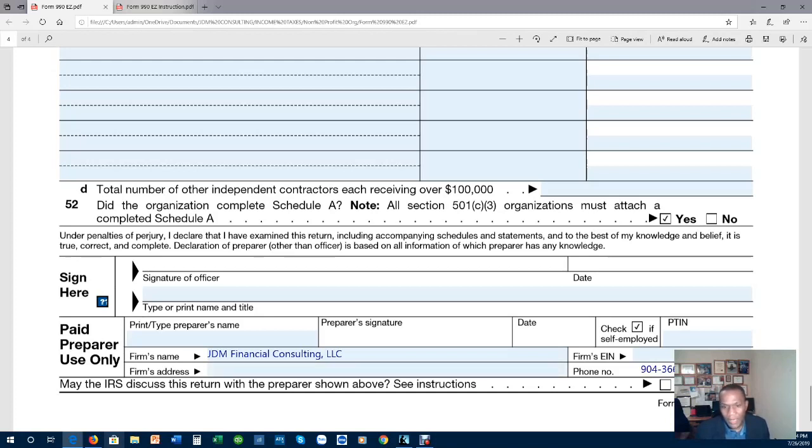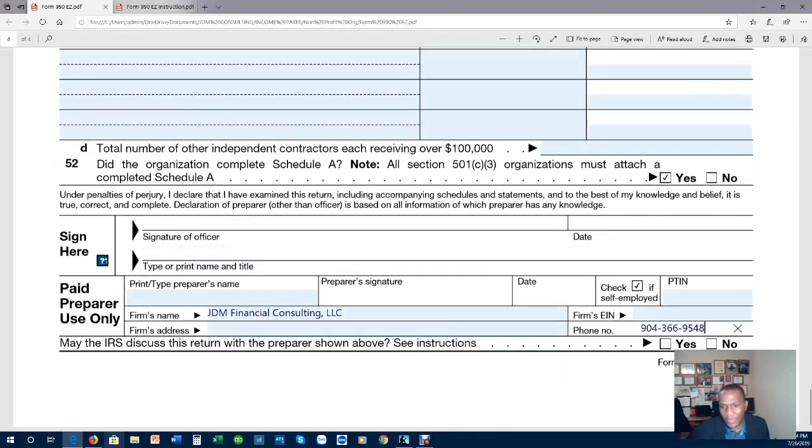Good. And then, may the IRS discuss this return with the preparer? Now, the officer may indicate okay. It's always a good thing to allow the IRS to discuss the return with the preparer, because the preparer is the one who prepared the return and is able to discuss the information with the IRS. If the IRS has any questions regarding the information, the preparer may also have the information on file to discuss that. So you will say yes.